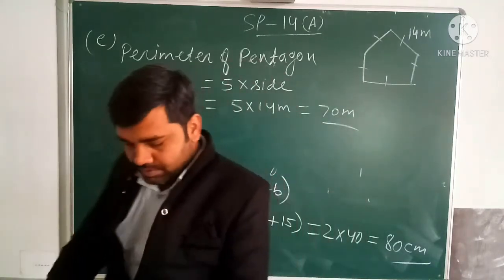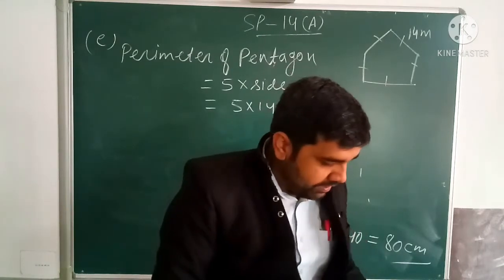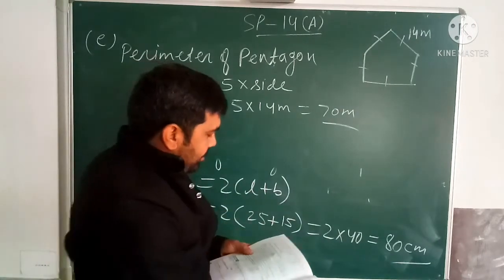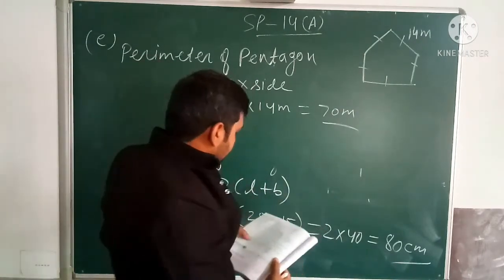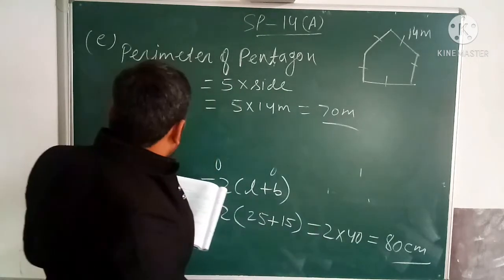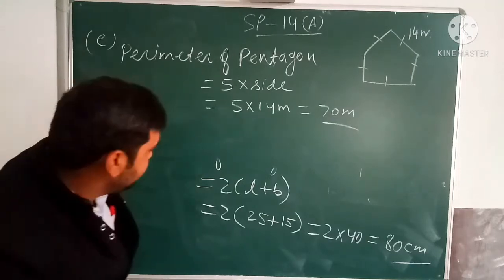Okay. So similarly you do the remaining questions of question number 1, F, G and H, just to calculate the boundary. Now I will do the question number I. In question number I, there is an I-shaped figure.